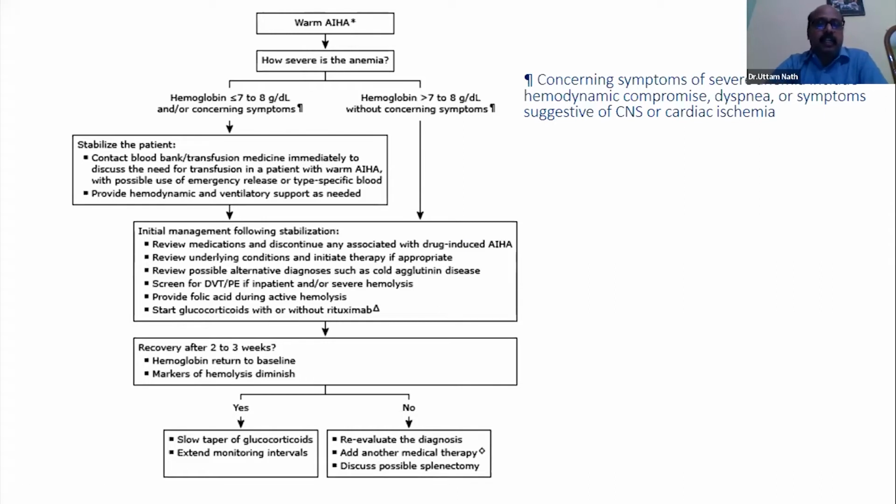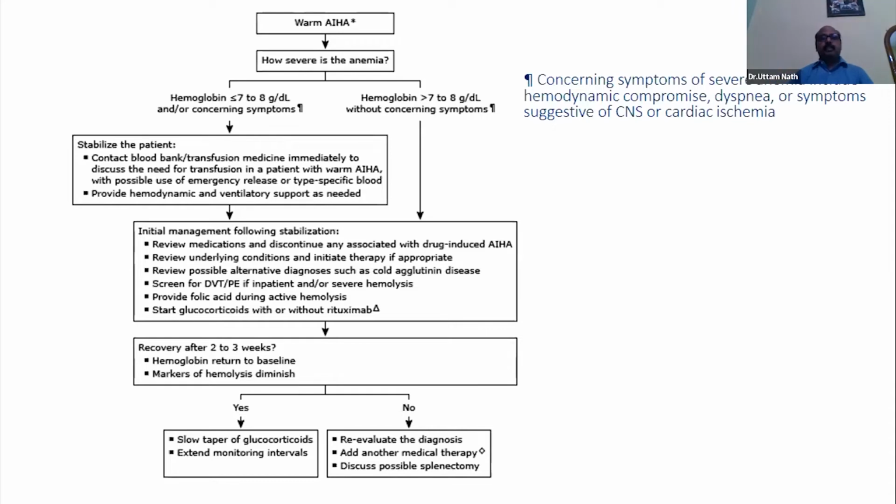In any AIHA patient, RBC transfusion must always be done in consultation with the transfusion medicine specialist, because it is very difficult to get a so-called compatible blood unit, and often we have to go with the least incompatible blood unit available in the blood bank for life-saving RBC transfusion.